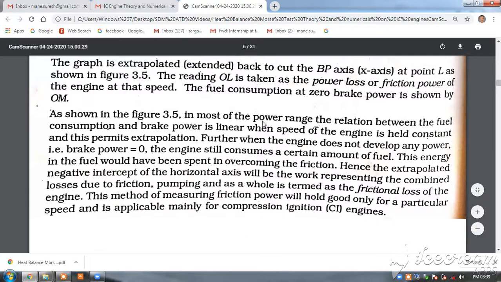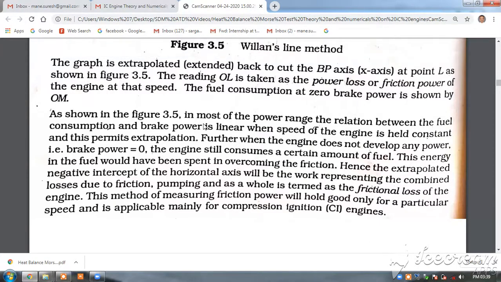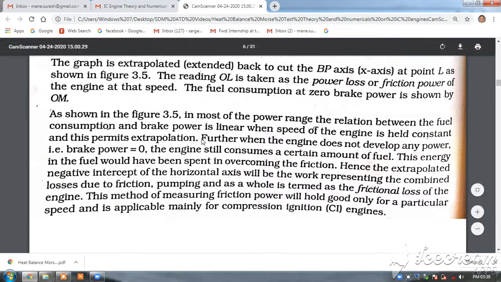As shown in the figure, over most of the power range the relation between the fuel consumption and the brake power is linear, and when the speed of the engine is held constant, this permits extrapolation. One thing is the graph is linear, and second, the speed of the engine is held constant, hence this permits the extrapolation or extending of the graph.